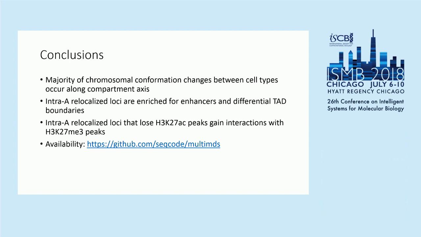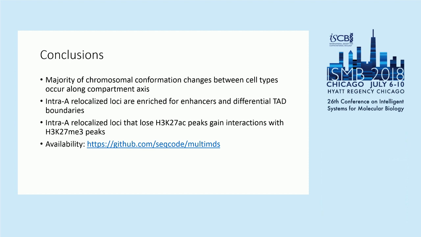So even within the A compartment, there's significant reorganization that's enriched for differential TAD boundaries and also for enhancers, putative enhancers, represented by long-range H3K27 acetylation. And the loss of these K27 acetylation peaks is correlated with a movement into K27 trimethylation enriched regions.